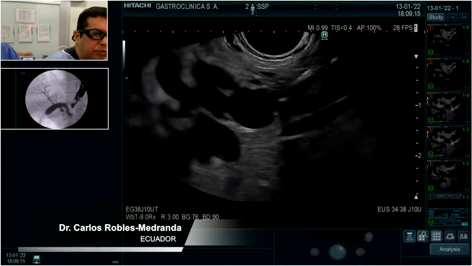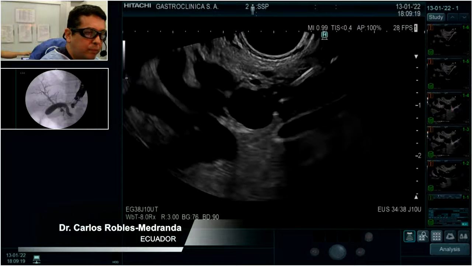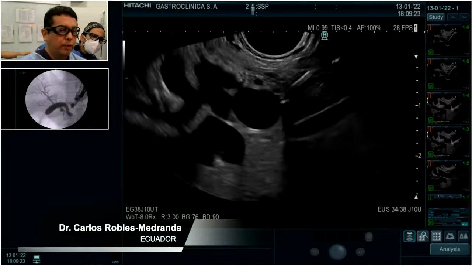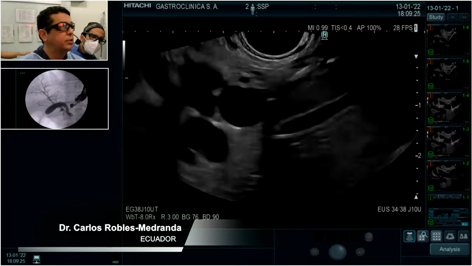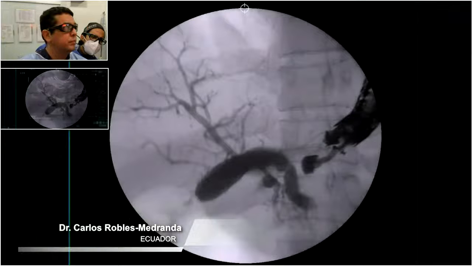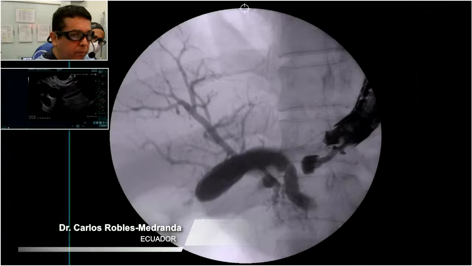It's very important to see your guide wire. Necesito que me tenga el endoscopio aquí así. Ahí, viendo la guía, ¿ves? Right. So now I will use an axios. ¿Puedo ver la imagen ecográfica?